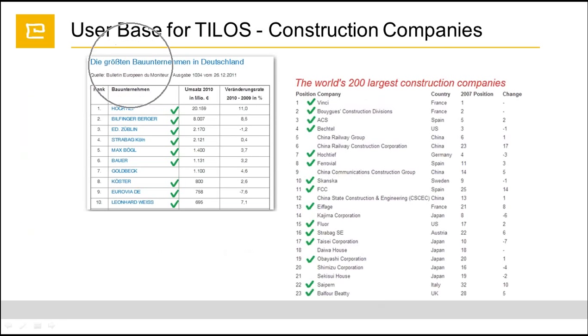On the left side, we have the top 10 construction companies in Germany, and 9 out of the 10 companies are using TILOS for their needs. On the right side, we see the world's 200 largest construction companies using TILOS. Most probably one of you, or your company, is already using TILOS.